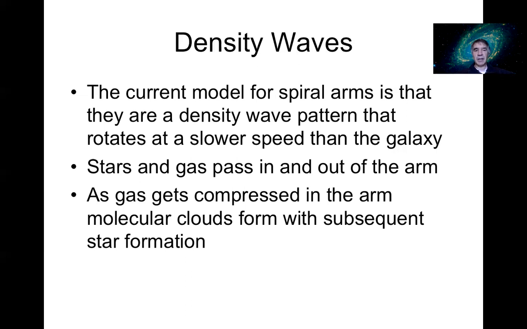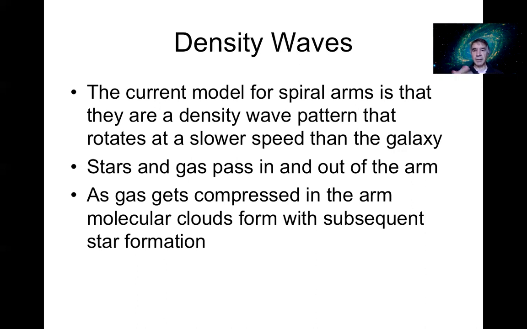So as clouds of gas, like the HI clouds, the atomic hydrogen clouds, enter a spiral arm, they will get compressed because they're all sort of piling up into the back of each other. That makes them denser. They've got a lot of dust in them, which excludes the radiation, which allows molecules to form. Everything cools down. That allows gravity to get to work, and then the cloud can collapse and start to form new stars.